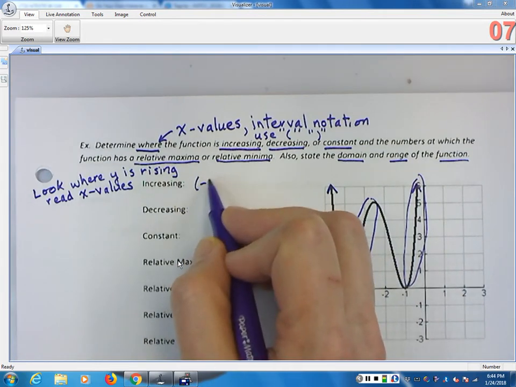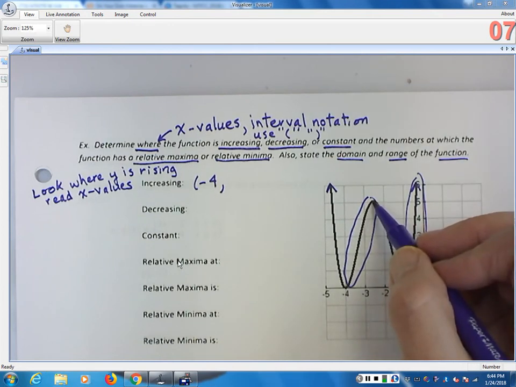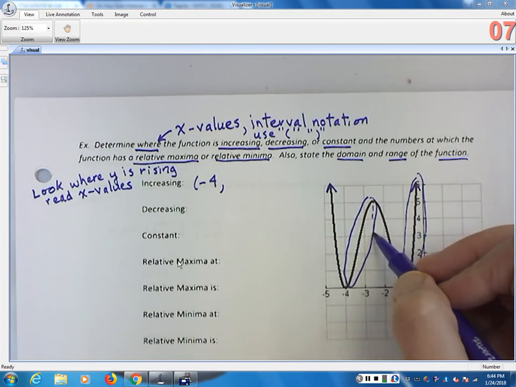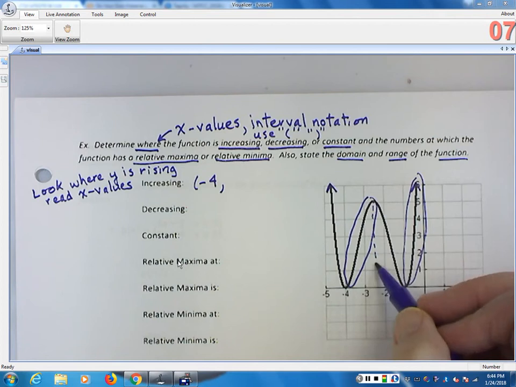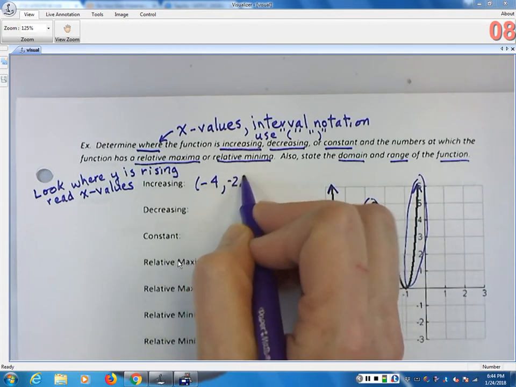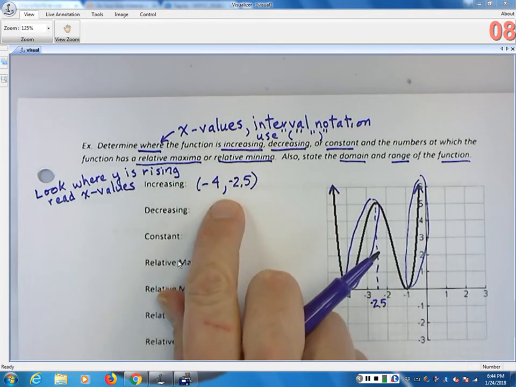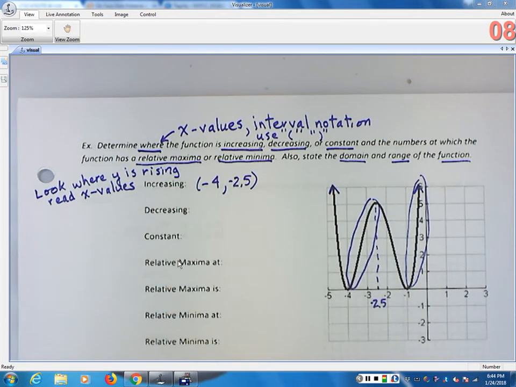So that's -4, comma. Then you go to where it stops rising, and you look at the x value. That's -2.5. This means it's increasing when x is between -4 and -2.5. That's what that means.